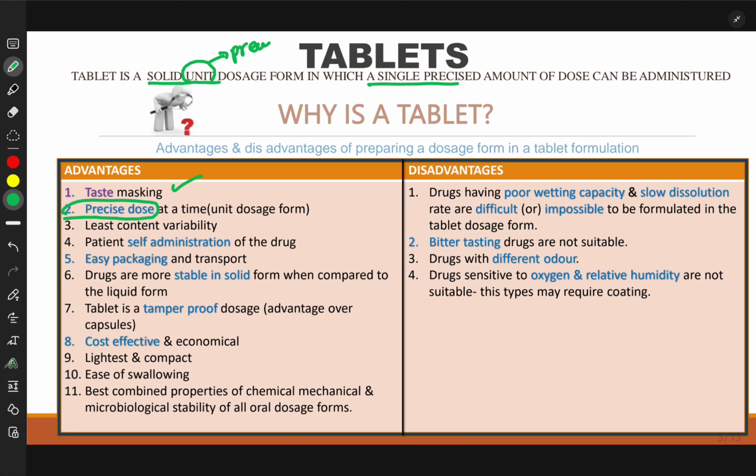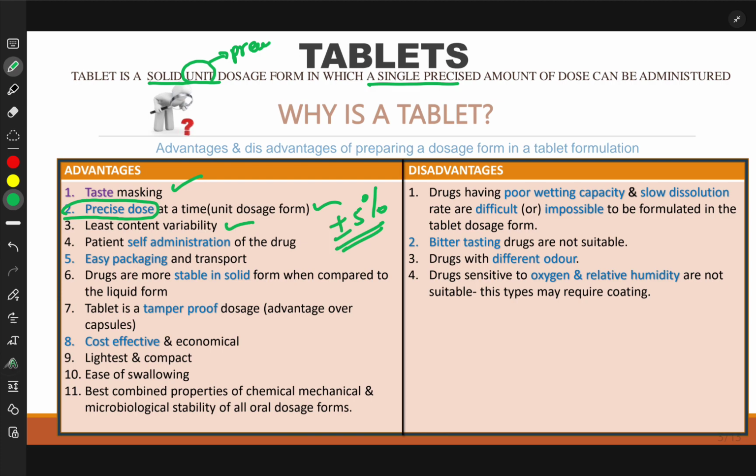Next, least content variability. Lakhs and lakhs of tablets are manufactured within a day, and within a batch around 10 to 15 lakh tablets are there. If you analyze some random samples, you will get results that differ by only plus or minus 5% in concentration.